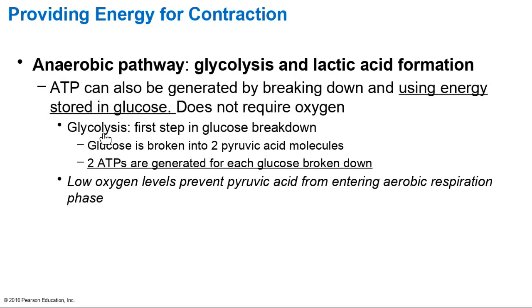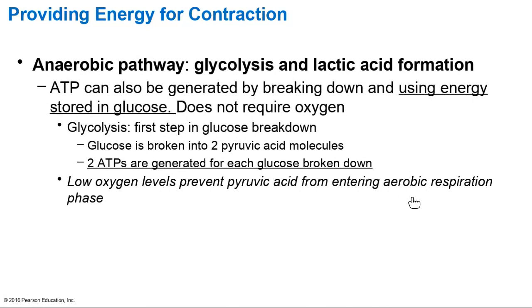Remember that glycolysis is the process of breaking down glucose, and one of the end products of glycolysis is the formation of this pyruvic acid. So we need to get that pyruvic acid into the mitochondria, but it can only get into the mitochondria if oxygen is present. Low oxygen levels prevent pyruvic acid from getting into the mitochondria to do ATP synthesis.